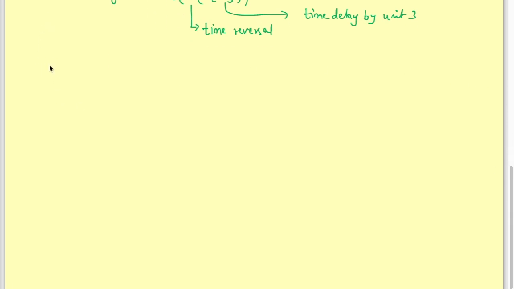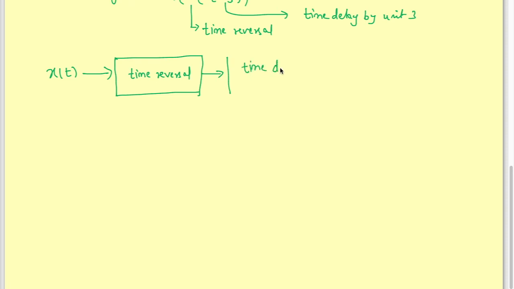So if this is my signal x of t, then first I have to do time reversal, then I have to do time delay of 3 units.